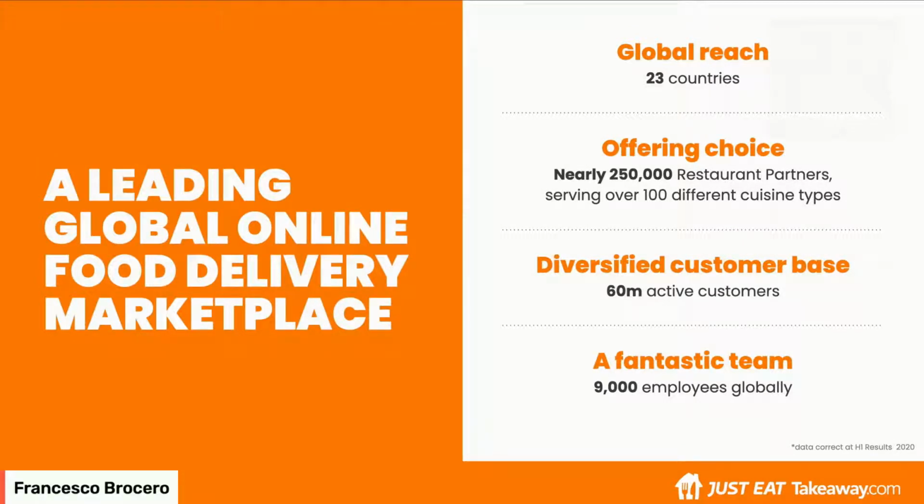Now, for those of you who aren't familiar with the company, JustEat Takeaway is a leading global online food delivery marketplace. We are focused on connecting consumers and restaurants through our platforms. With nearly over 250,000 restaurants, we offer consumers a wide variety of food choices.